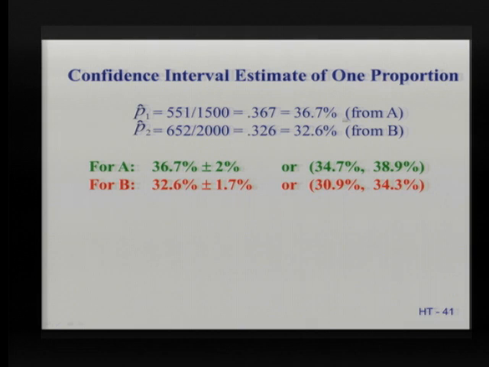So you have from community A, 36% smoke. Community B, 32% smoke. Now you know how to calculate a confidence interval, right? Once you have these data, you should be able to calculate a confidence interval estimate for the percentage of people who smoke. So I got from A the confidence interval is this, B the confidence interval is this. You know how to calculate it now, right? We learned it earlier.